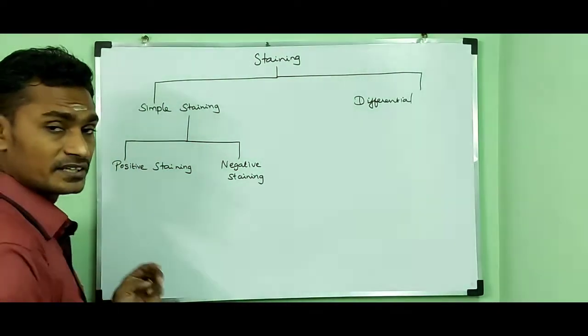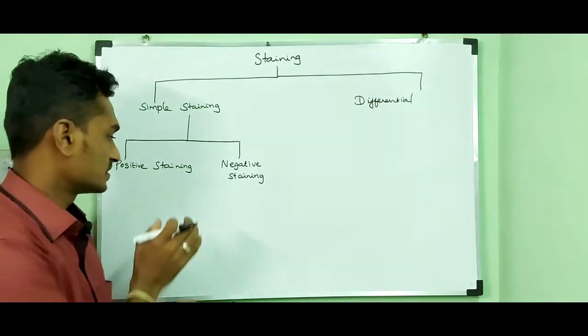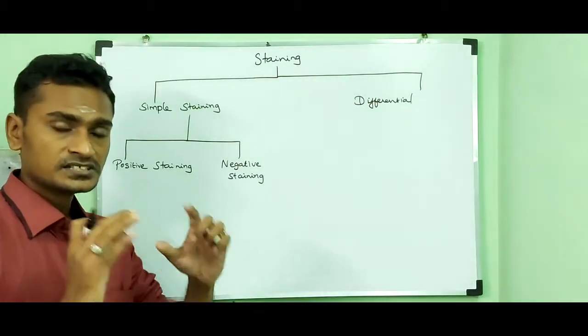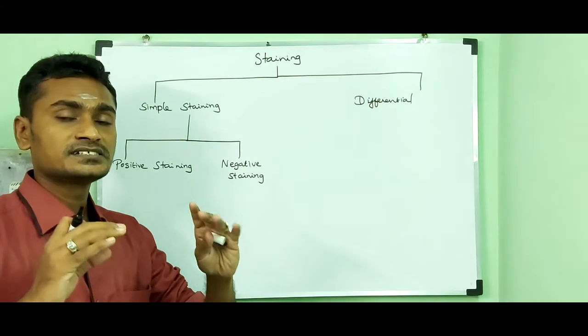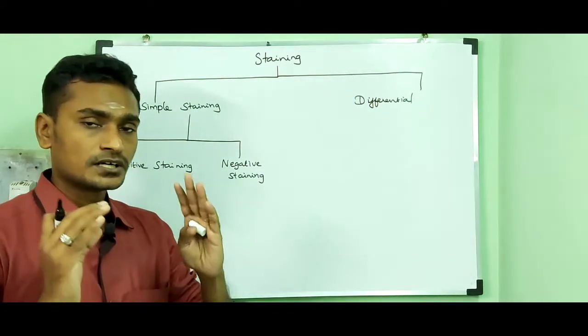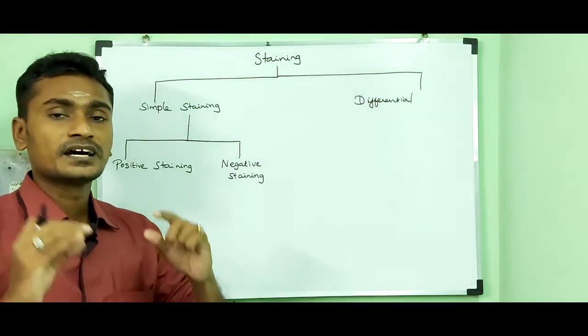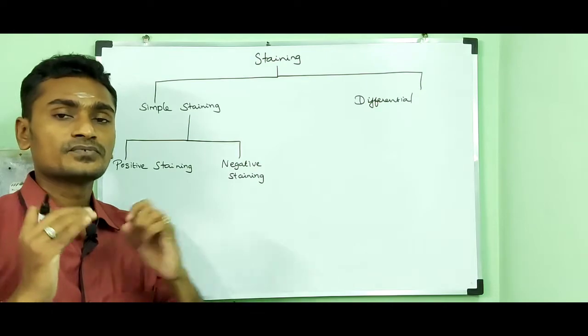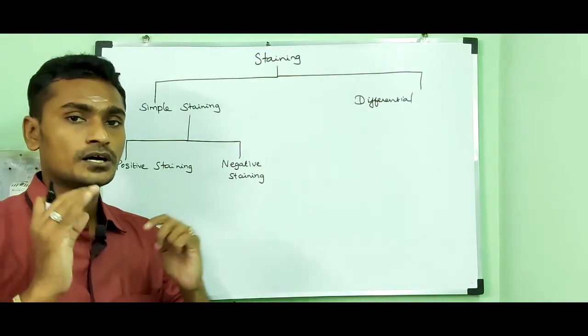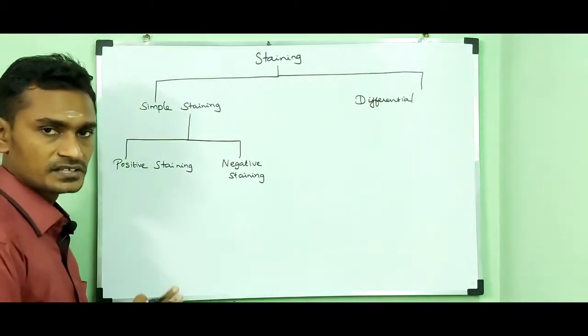In positive staining process, the stains are positively charged, and the stains can attach to the surface of negatively charged objects, and that process is called positive staining.